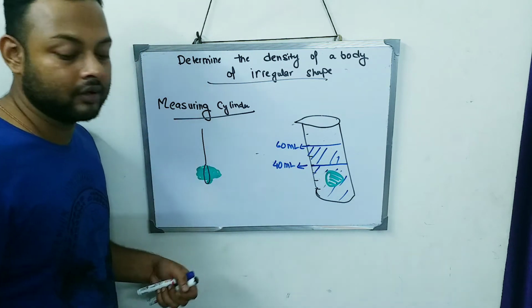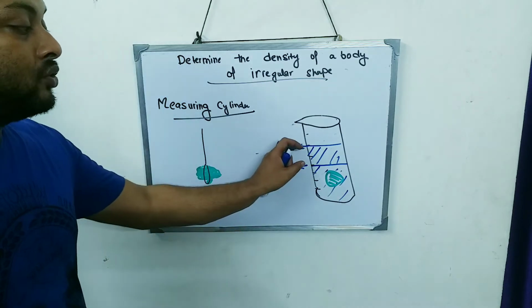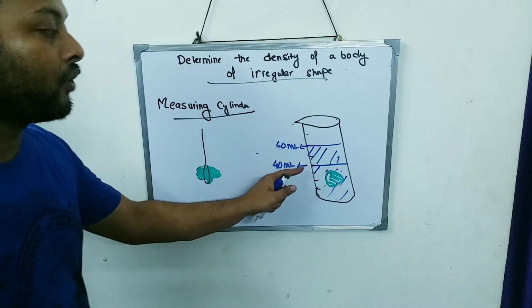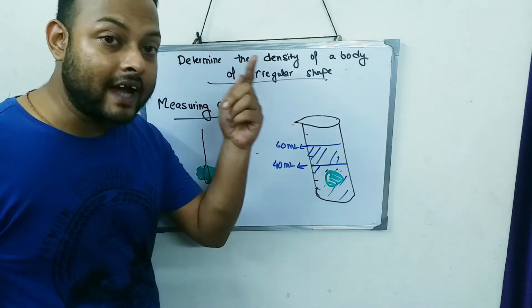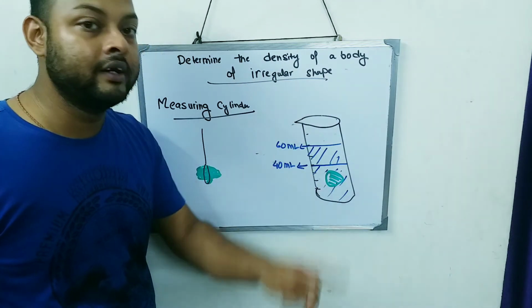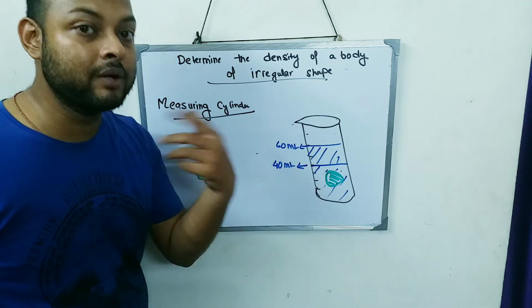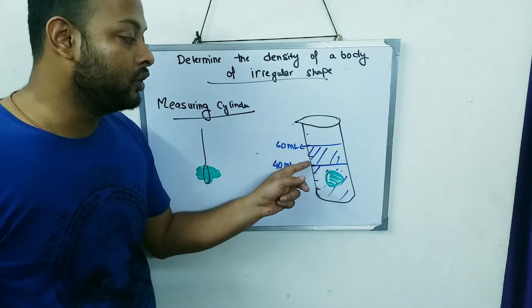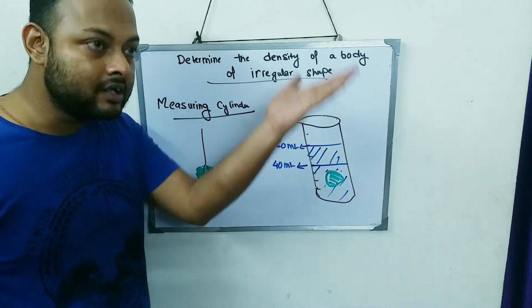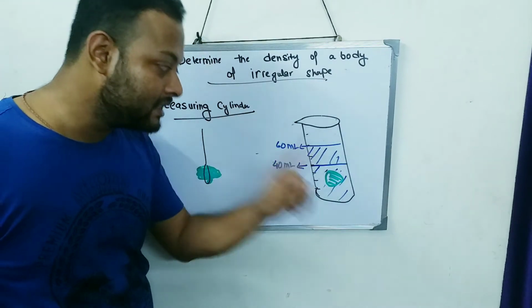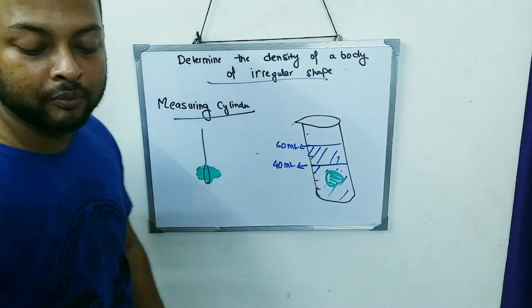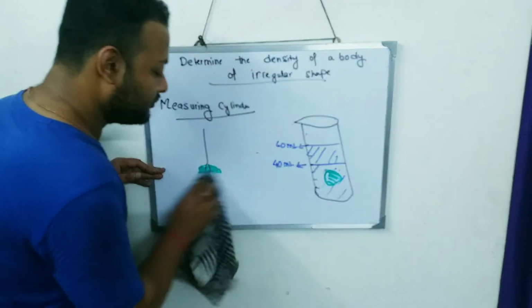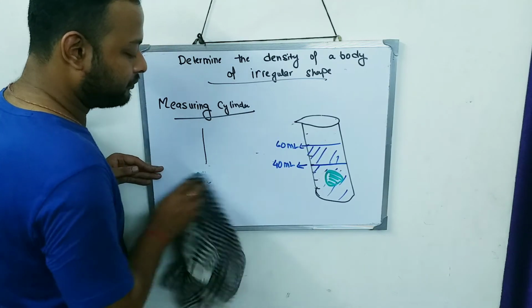The volume of water that got increased is equal to the volume of the irregular shaped body. Again I am repeating, the volume of the water that got increased is only the volume of the irregular shaped body. Very easy to understand.